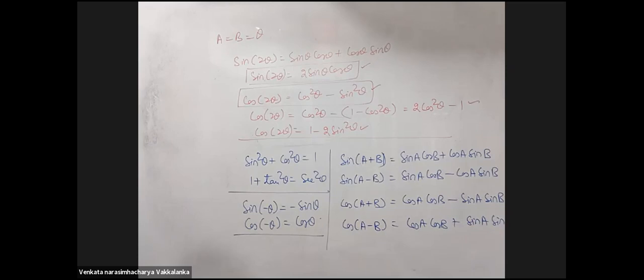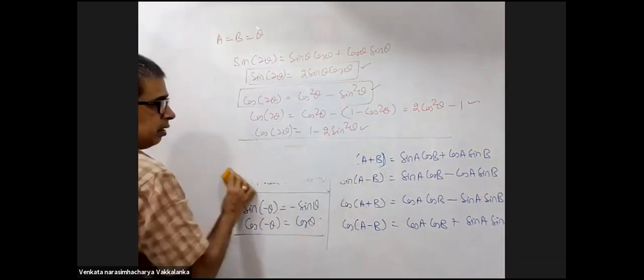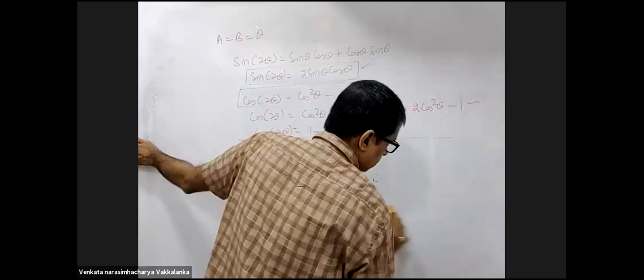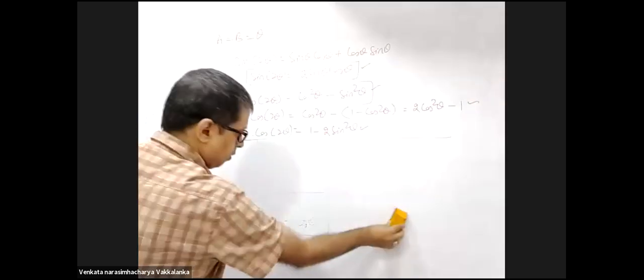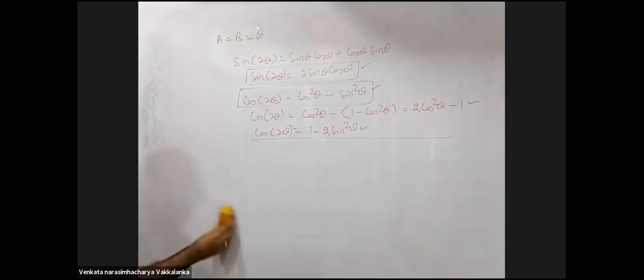So completed. Sir, we have to copy that upper part. Obviously, what did I write on the board for? Okay, sir. Just 1 minute. So we can also derive the half angle formula from this.